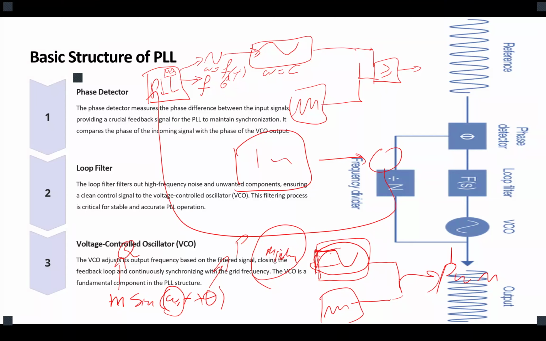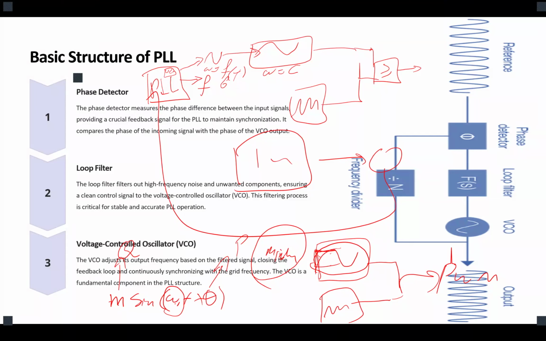Why is it important? Because let's say we have a slightly lower frequency in our reference signal than our grid, so we are out of synchronization. The frequency of our inverter is very slightly less than the frequency of the grid.